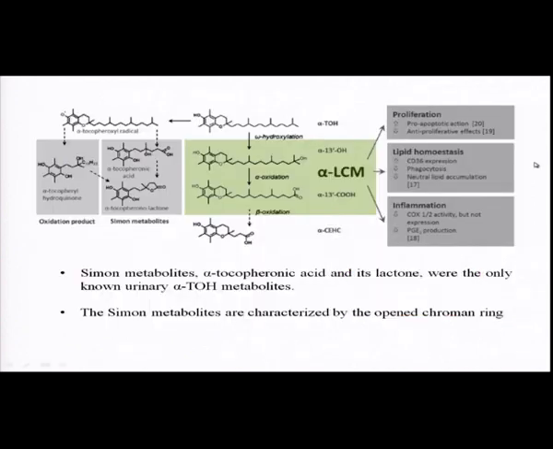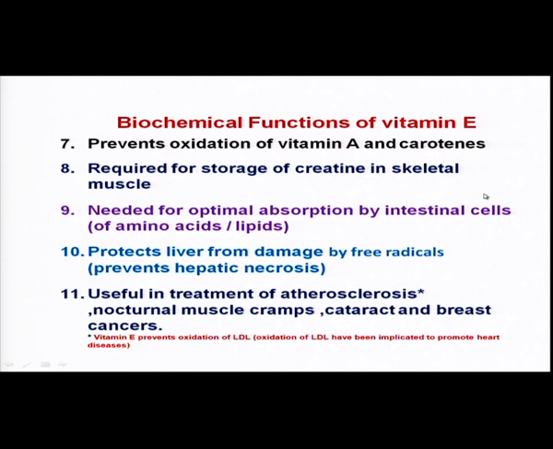So this is one particular area, what we call atherosclerosis. In fact, this slide I've shown you is from one of the recent papers which says that vitamin E has plenty of applications in atherosclerosis.